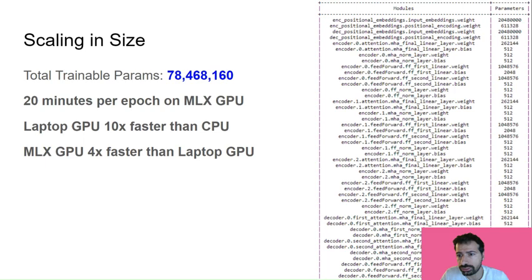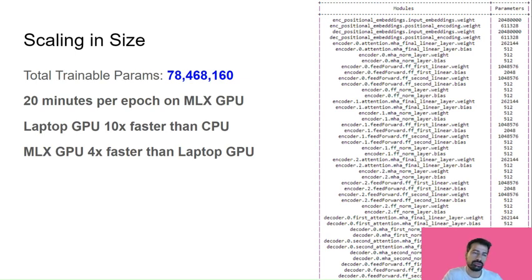Then we got a few million here, and then a few million spread around. 2 million here, another 1 million. So yeah, it's getting quite large. And I trained it actually, I was interested in knowing how fast different machines are.